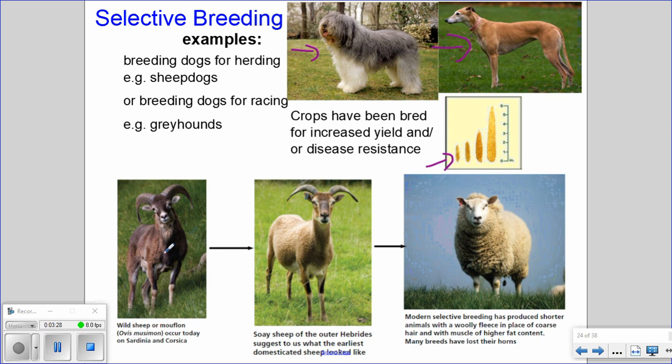As they were bred for more desired traits, there is a particular type of sheep, the Soay sheep, which suggests what the earliest domesticated sheep may have looked like. Continued modern selective breeding produced the variety of sheep that we know today, which are shorter animals with a woolly fleece. Many of these breeds have also lost their horns.